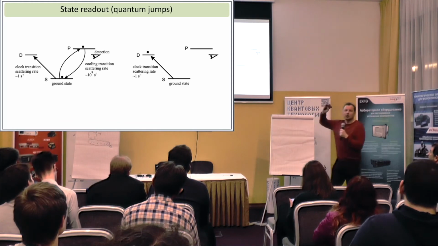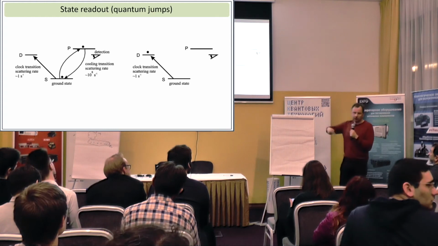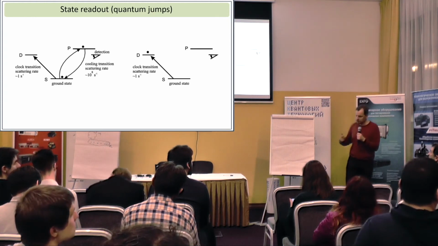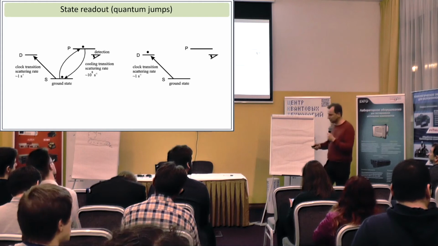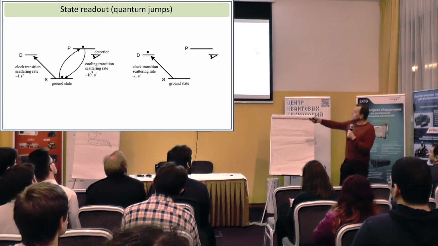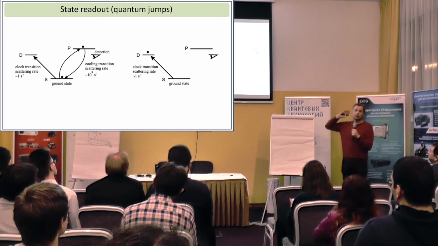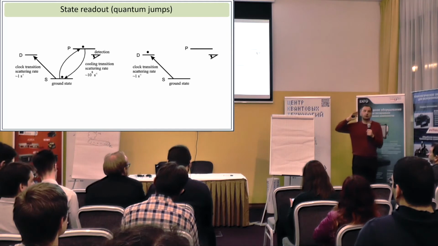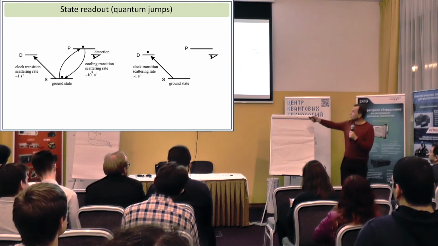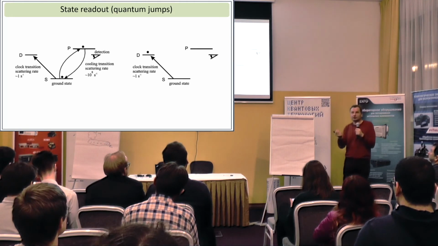So we excite 10 million transitions per second, for example. So it's about a 10 to the 6 scattering rate. Of course, if the system is in the ground state, we emit about 10 to the 7 photons per second, which are easy to detect. And then we can put some optics and just see whether the ion is shining on our CCD camera or not.